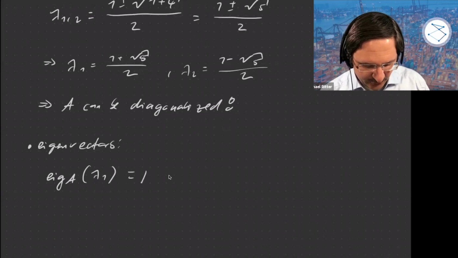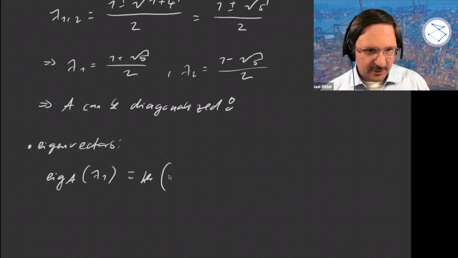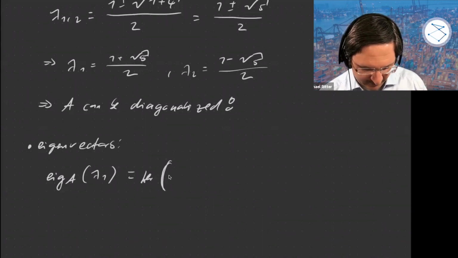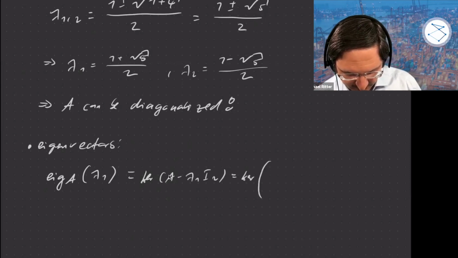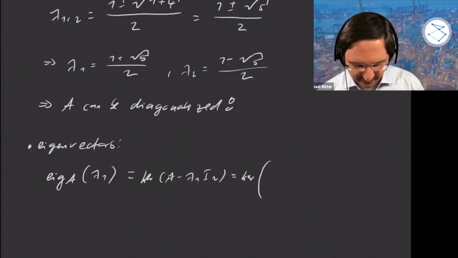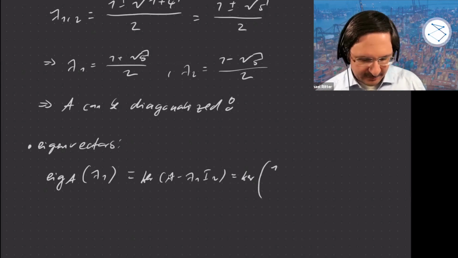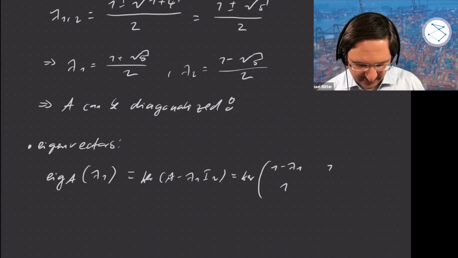So that is the kernel of A minus lambda1 I2, or the kernel of the matrix 1 minus lambda1, 1, 1, and minus lambda1.